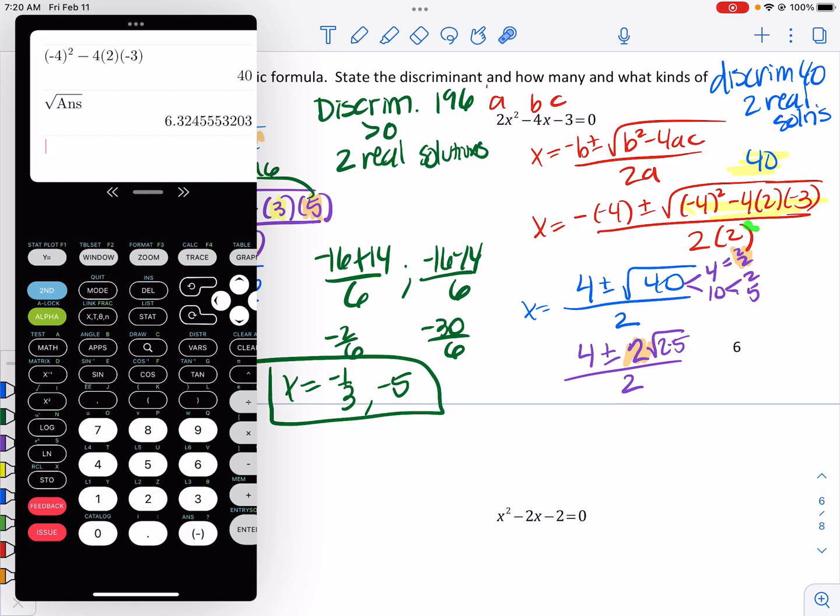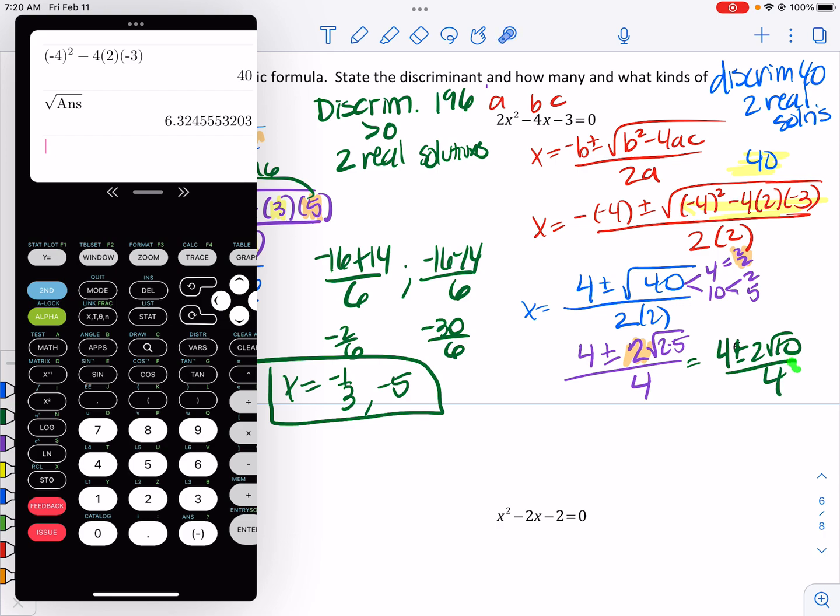Oh, I made an error. 2 times 2 is 4. So let's put this 2 here, and then we'll simplify that one to 4. Sorry. Make sure you fix that, because 2 times 2 is really 4. I had dropped that 2, so we're at 4. Okay. So then this is really 4 plus or minus 2 root 10 over 4.